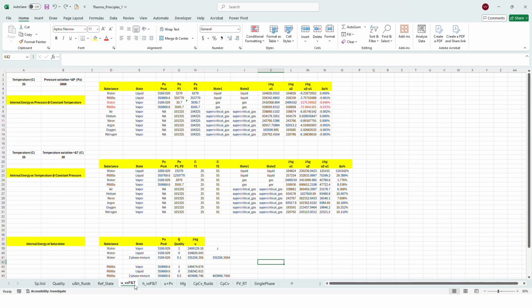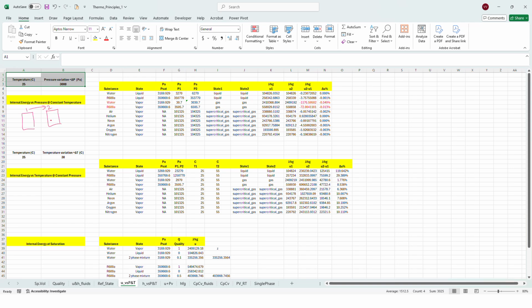Next, let's look into the effect of temperature and pressure on internal energy, and let's try to prove that only temperature matters in most scenarios. All right, so let's look at a constant temperature condition. Imagine a system going from state 1 to state 2.